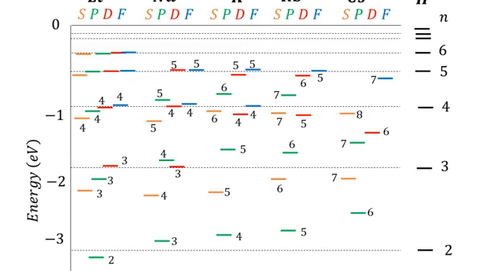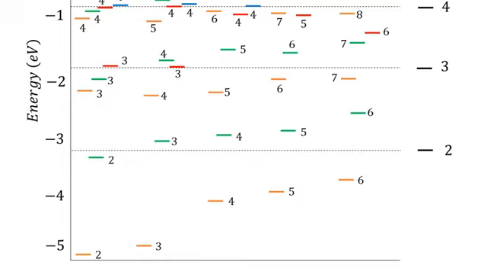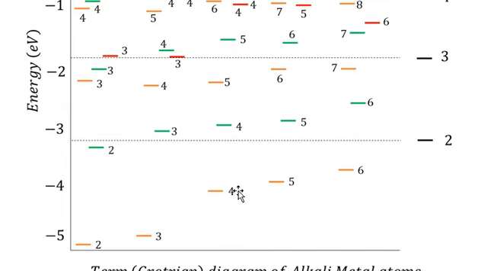Similarly, for the potassium, the ground state is the 4s state, and you see that here is the ground state for the potassium atom. You know that when n is equal to 4, we have four values of the orbital quantum number. So this is the ground state with the orbital quantum number L is equal to 0. This is the first excited state of the potassium atom with L is equal to 1.